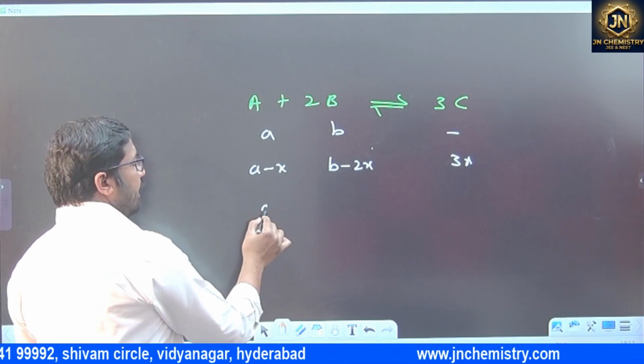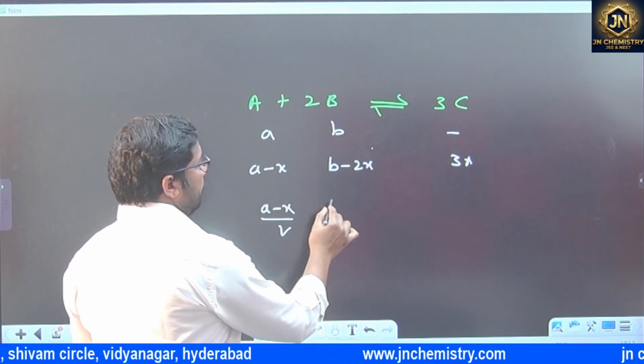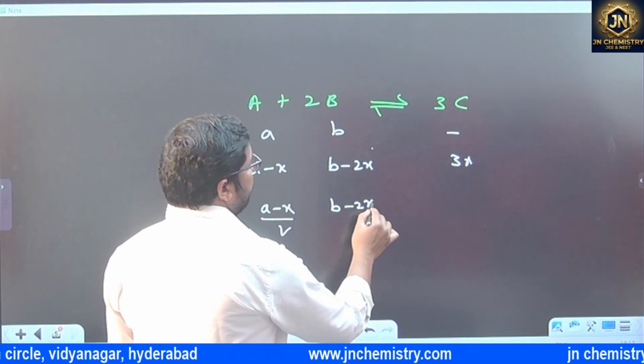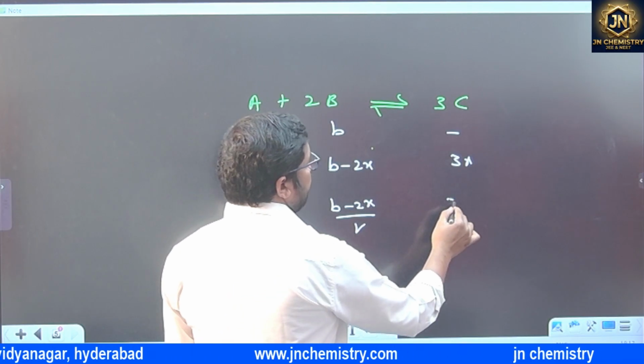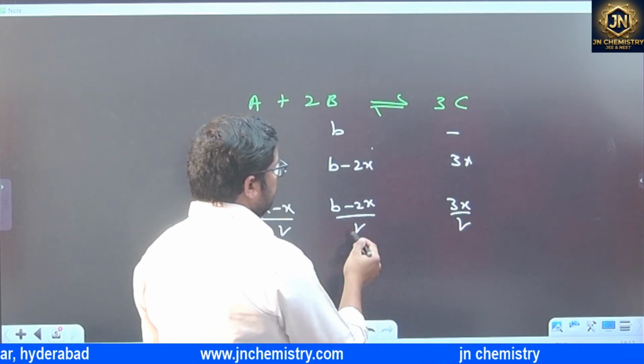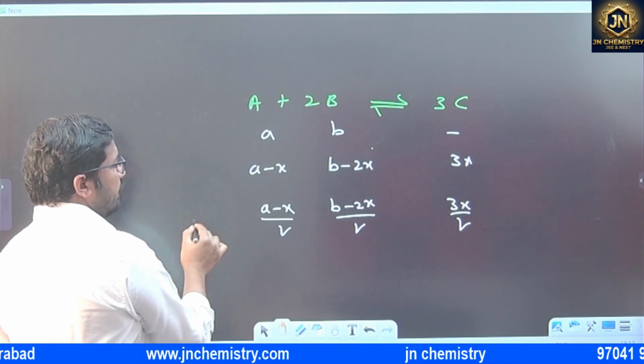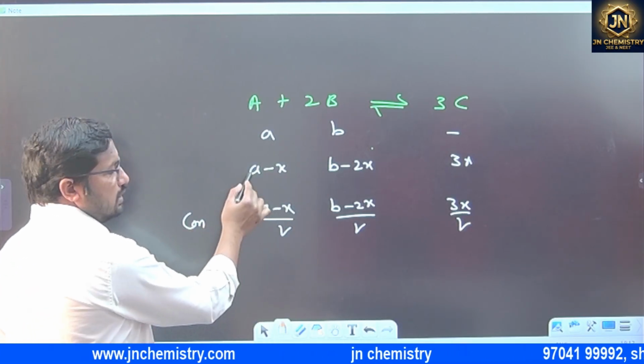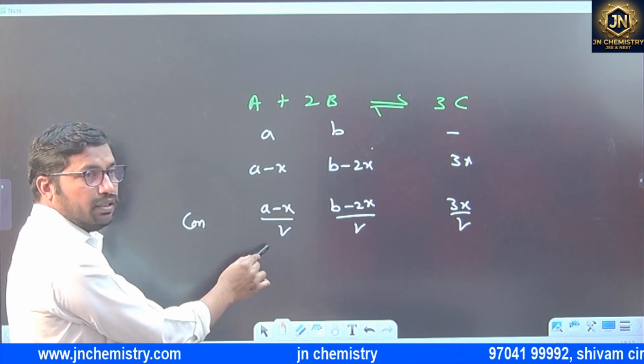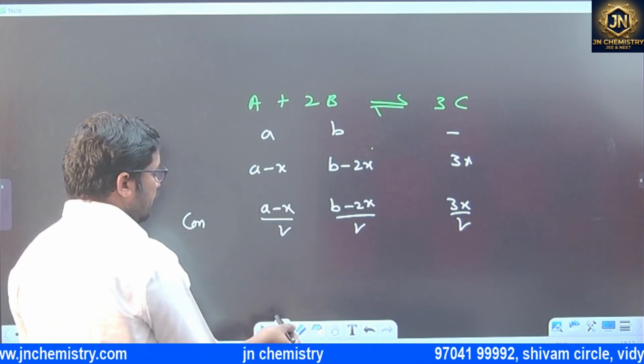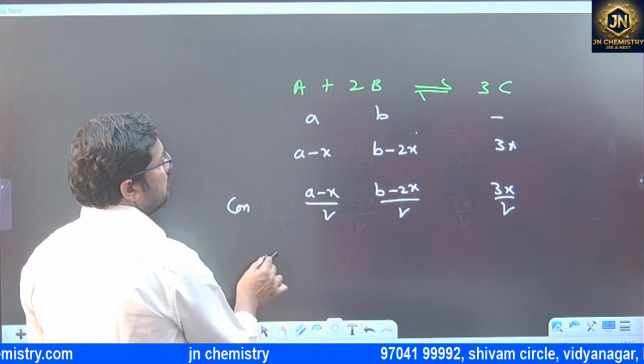Concentration, if you are taking, is (a minus x) by V, (b minus 2x) by V, 3x by V. This is the concentration at equilibrium. Concentration means what? Number of moles by volume.